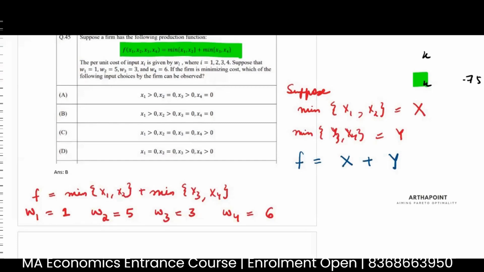They are complementary goods, but they are substitutes of x3 and x4. Either you will use x3 and x4, or you will use x1 and x2, depending on which is cheaper.